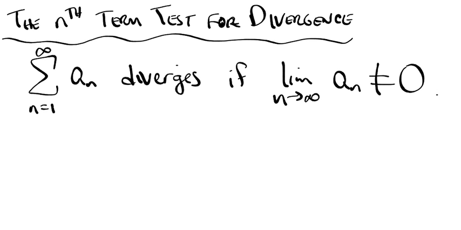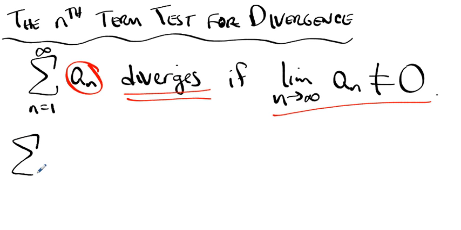That is to say, if you take a look at the terms themselves and you find out that the terms are not going to 0, then adding up a whole bunch of things that aren't 0 blows up.